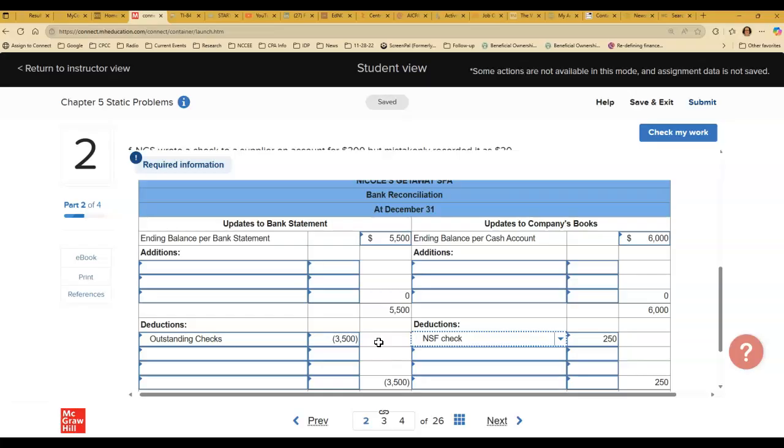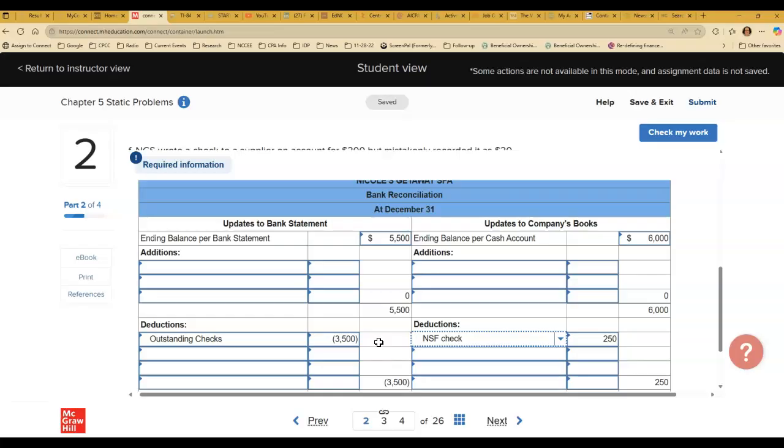So that $3,500 worth of checks is already reflected in that $6,000. Now we put all those checks into the envelopes, we mailed them out, and we're in this limbo where whoever we mailed them to has not deposited them, and they have not come back and cleared our bank account yet. You following?